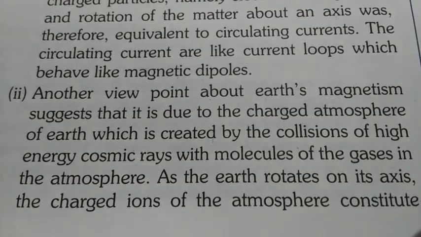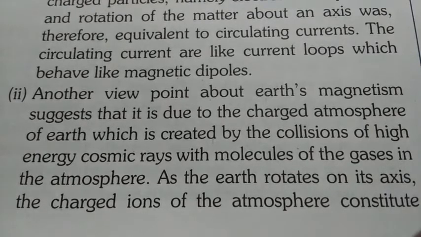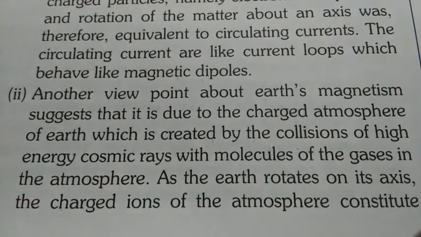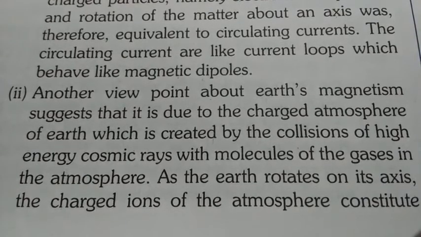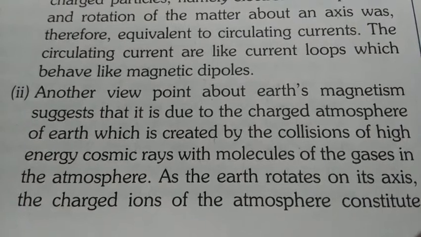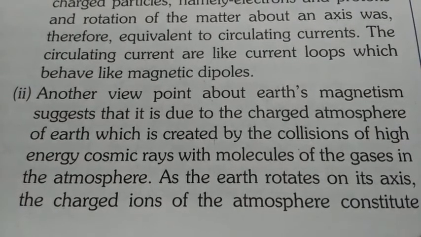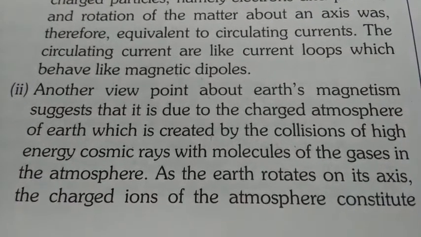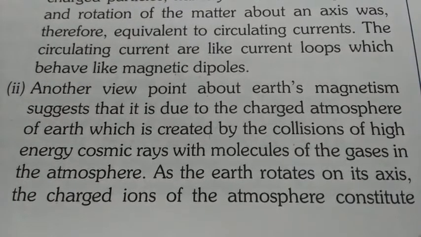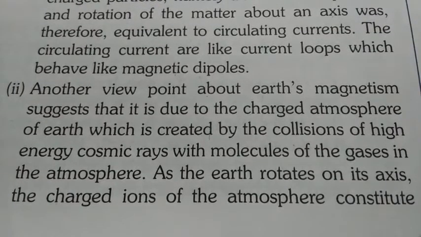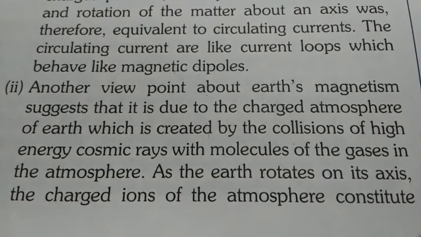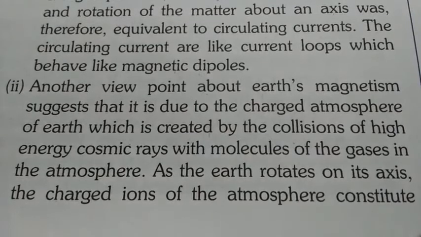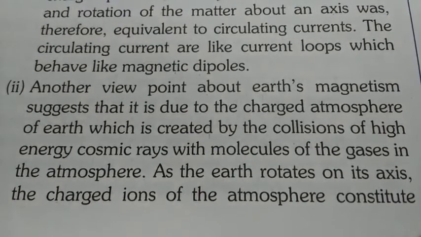Because high energy cosmic rays are colliding with the molecules of the gases, some charged particles will be created, because gases will get ionized. When gases get ionized, positive and negative charged particles appear, and when the Earth rotates, those charged particles also rotate, and that's why a strong current is created and hence the magnetic field is created.